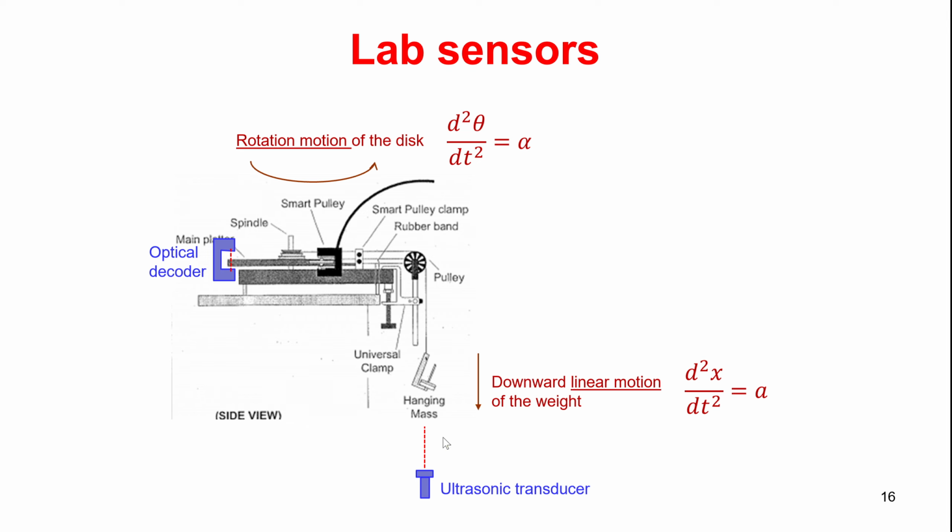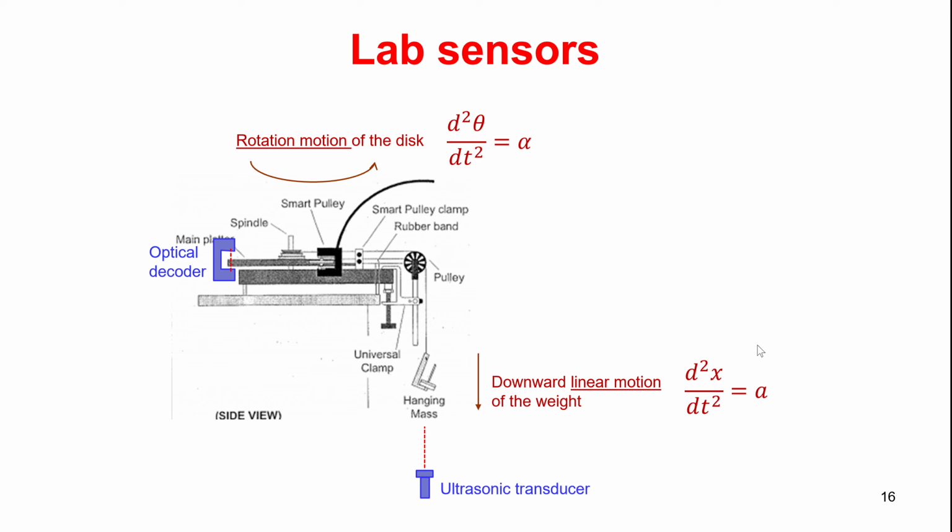Using this, we are going to measure the linear displacement at each time. Using the decoder, we are going to measure the angular displacement at each time. Using this information, we can find the angular velocity and angular acceleration of the disk and the linear acceleration of the falling mass. And these two are related to each other.